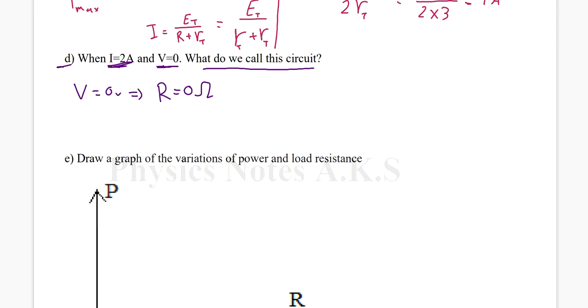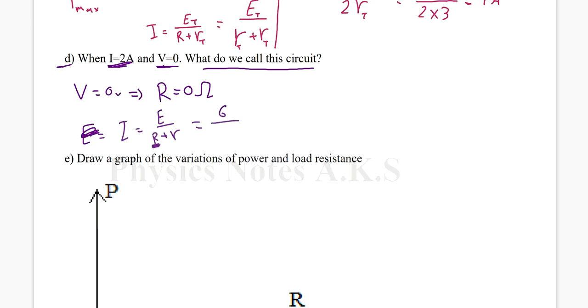Let me convince you, because I know that I equals E over R plus r. Sorry, it's my mistake. I come here, E is 6.